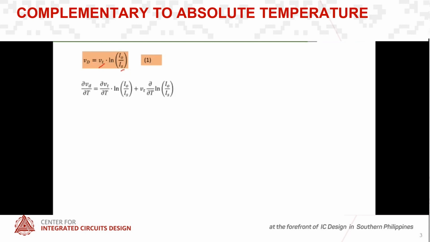So we can get the partial derivative of the diode voltage with respect to temperature by the partial derivative of the first term times the second term, plus the first term times the partial derivative of the second term.